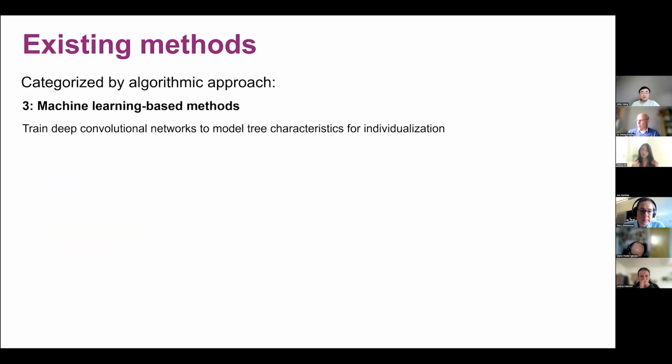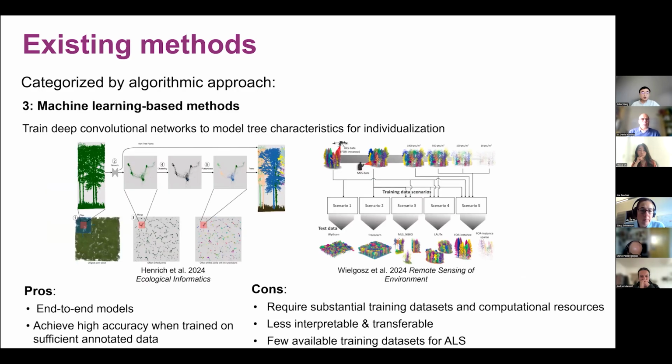The third group is the most modern approaches, called machine learning based. Especially deep convolutional networks were employed to learn the complex features of trees directly from large amounts of training datasets.